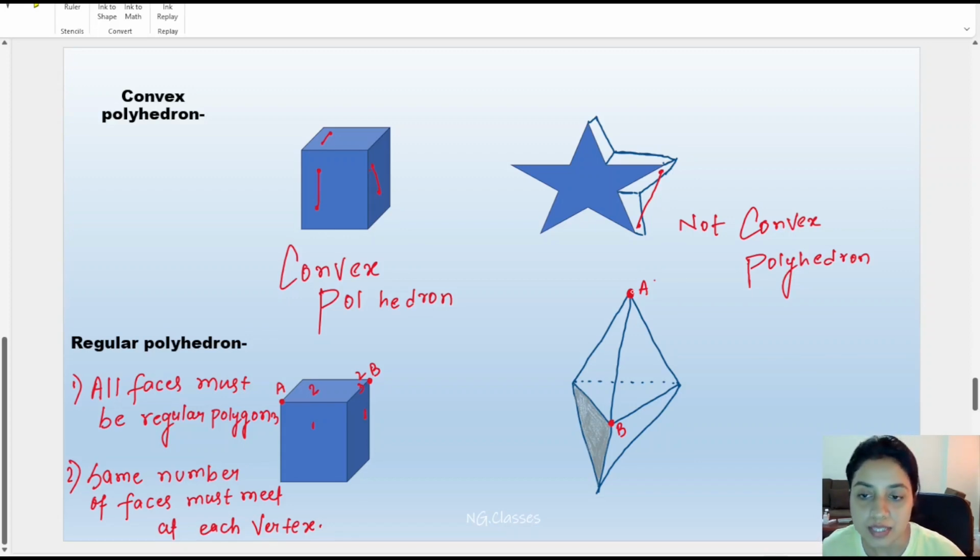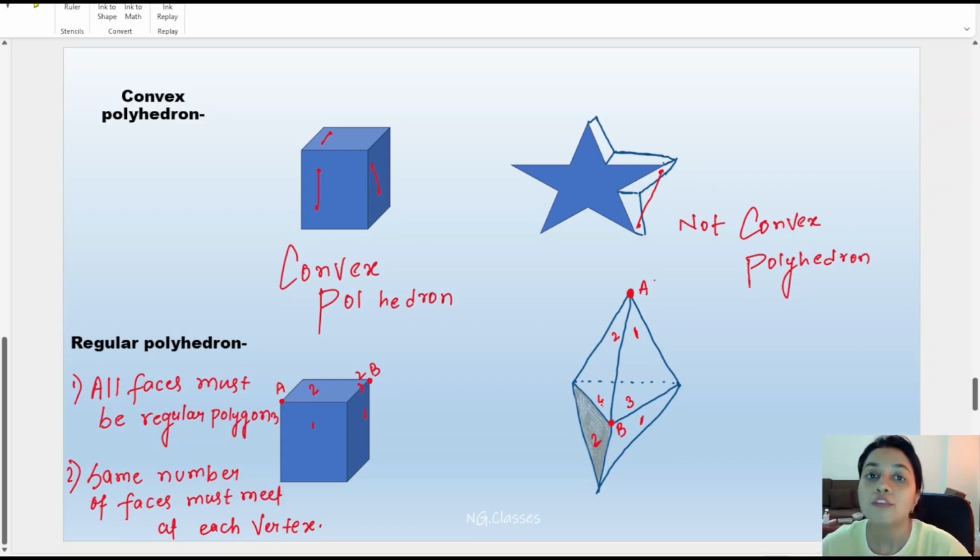Let's take the vertex A. Let's see how many faces are meeting with each other. This is one of the faces, this is another face, and there is one face at the back. 3 faces are meeting with each other to make the vertex A. Okay. Now let's check vertex B. Here we can see one face, here another face, here the third face, and here the fourth face.